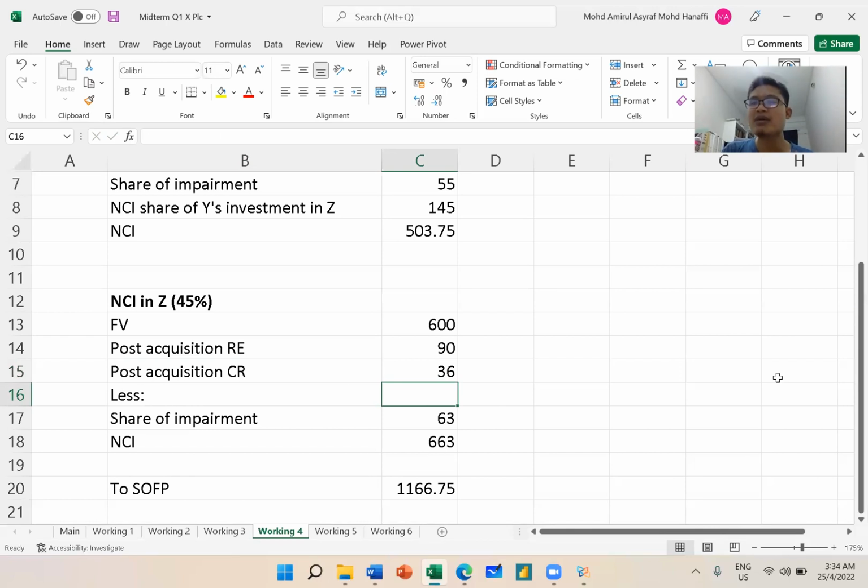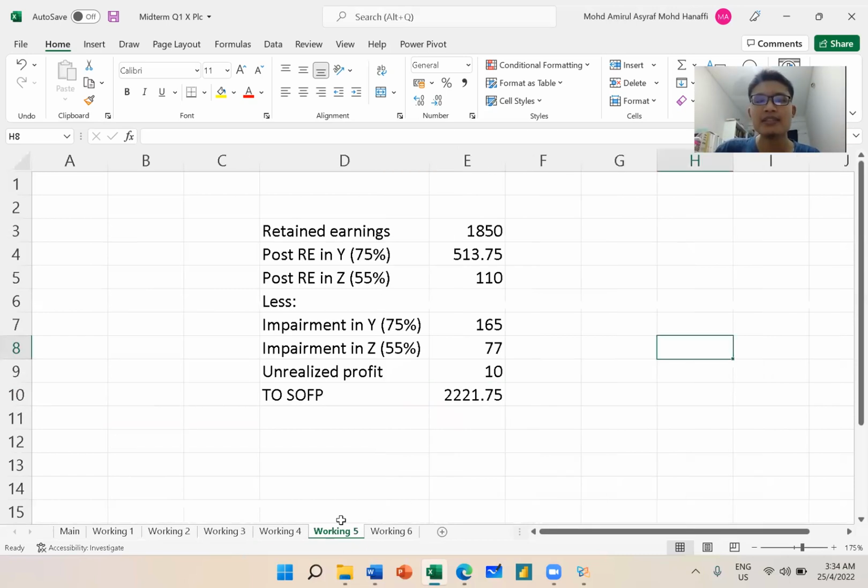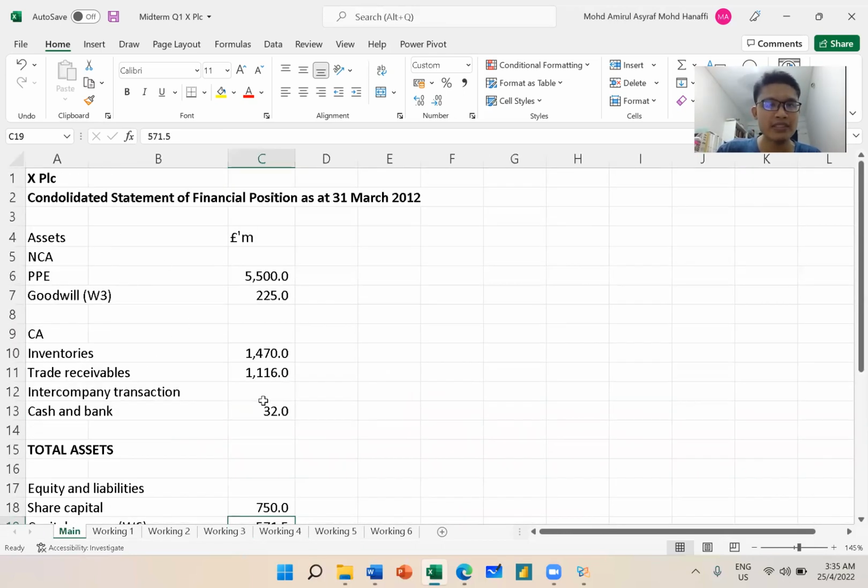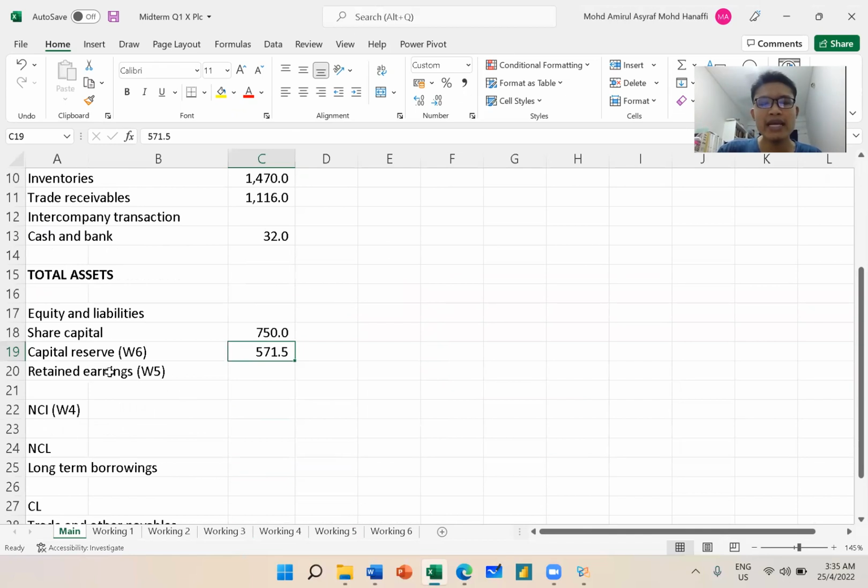Second thing, I'm talking about capital reserves now. Number one just now, separately calculate capital reserve to report in the main statement, the parent's. Secondly, the capital reserve will also be apportioned, a part of it given to NCI. Lastly, when you calculate your retained earning for your main statement, your final answer, you have one item called retained earning.